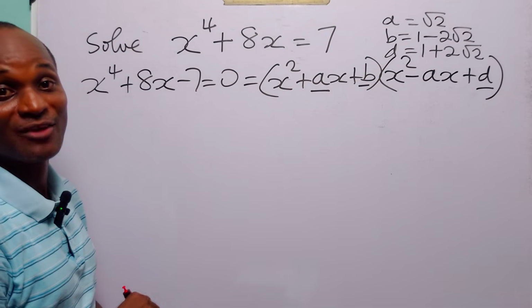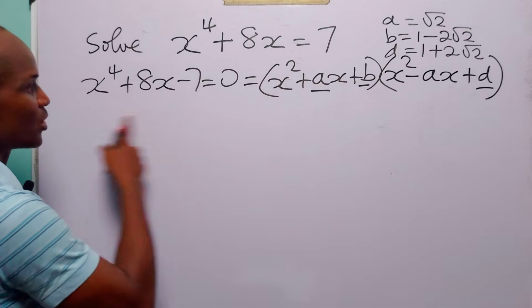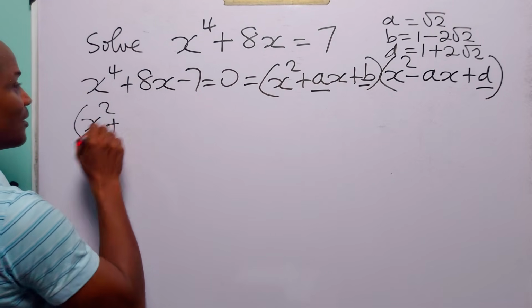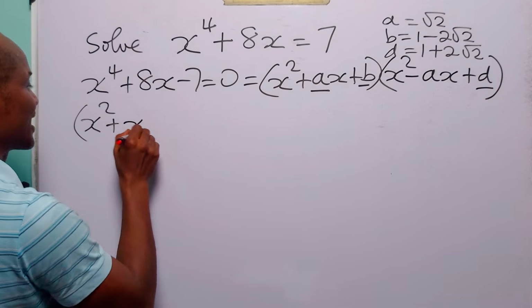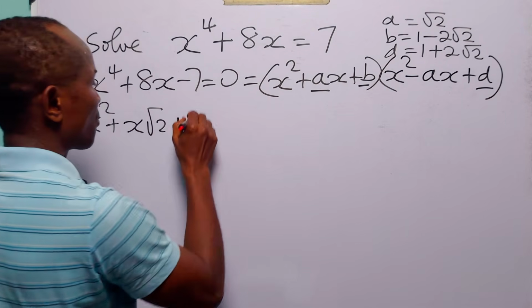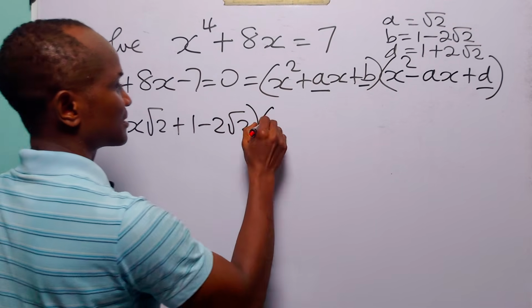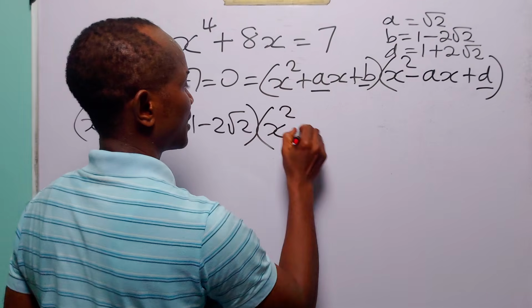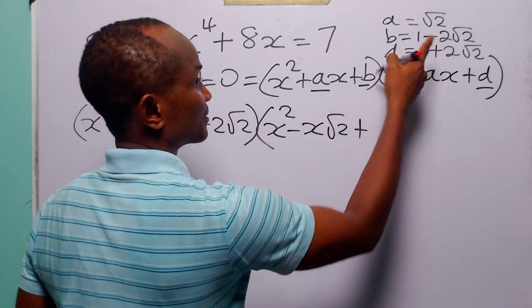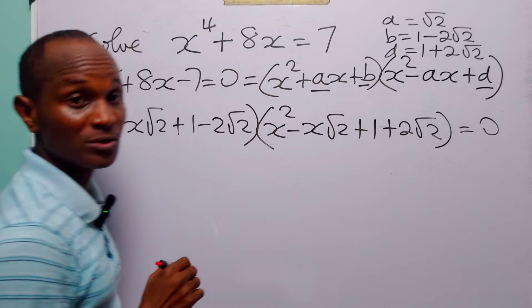And finally, now that we have found the values of a, b, and d, we can factorize this quartic equation as x squared plus x root 2 plus 1 minus 2 root 2 times x squared minus x root 2 plus 1 plus 2 root 2 is equal to 0.